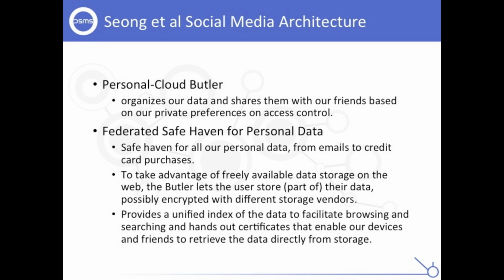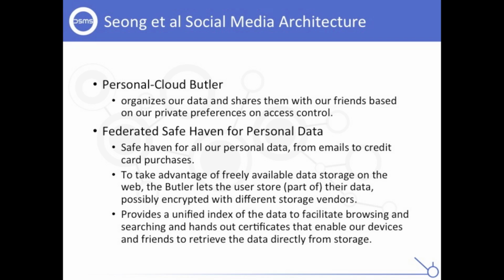It's important to explain some terms we found on the paper. Personal Cloud Butler organizes our data and shares them with our friends based on our private preferences on access control. Federated Safe Haven for personal data. Safe haven for all our personal data, from emails to credit card purchases.